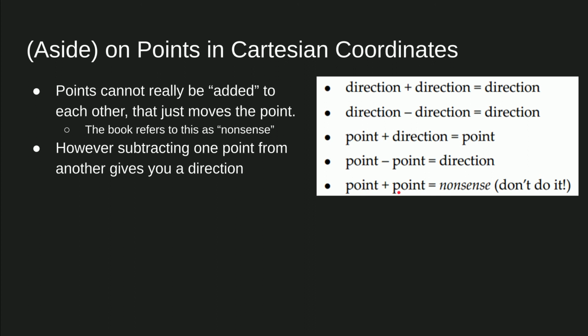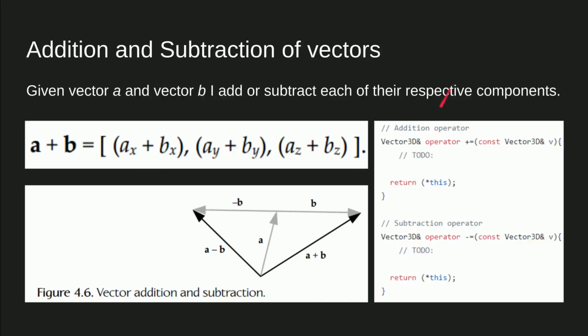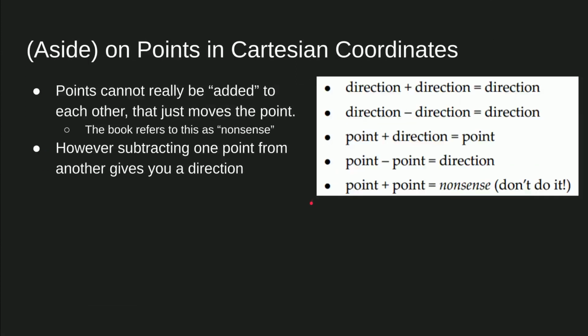If I have a point at 1, 1 and another point at 2, 2, and I add them, adding two points together doesn't really make sense, so we can't really do it. So whether you're working with points or directions, even if you're using the same vector 3D, keep in mind what you're doing with those operations.